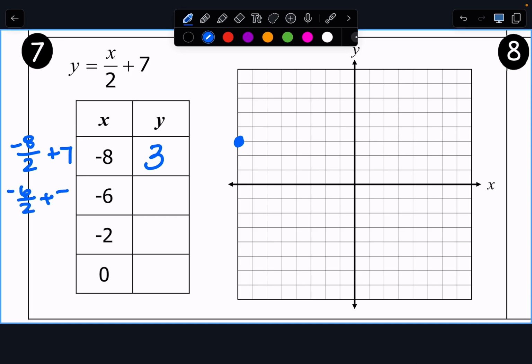X divided by 2 plus 7. If x is negative 6, negative 6 divided by 2 means, you guys, I can do all these problems myself, but I'm asking you to help me. What is negative 6 divided by 2?